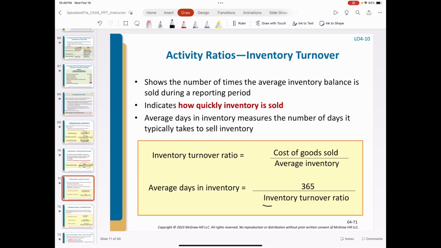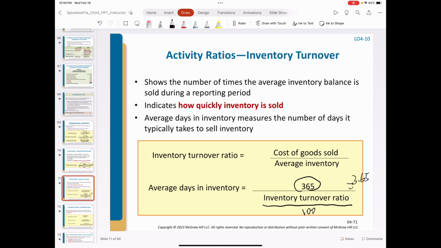Again, we divide 365 by the inventory turnover ratio. Then we can get the average number of days the inventory stayed on the company's books. For example, if I use 100 as the inventory turnover, which is very high, the result will be 3.65.